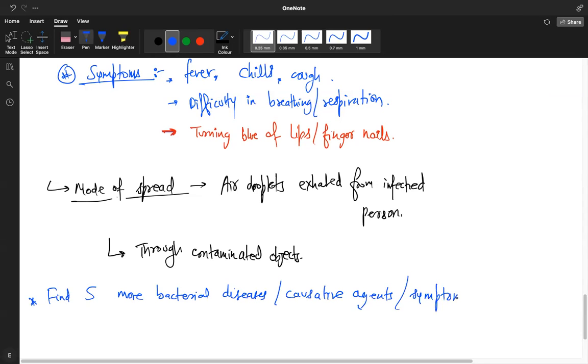So you'll do the same thing, generalized and specific severe symptoms for that disease. So this is your first take-home assignment for today.